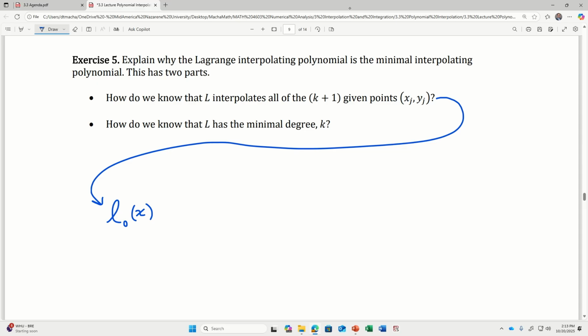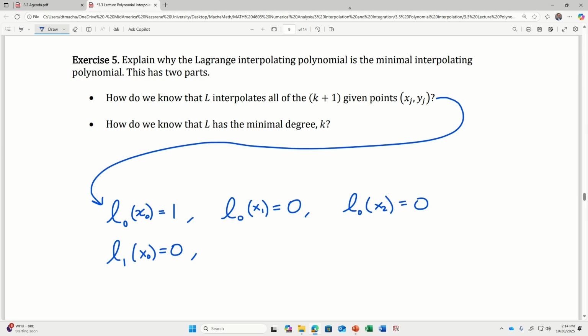If I plug in x0, this is going to be equal to 1. If I take the same Lagrange basis polynomial and I plug in x1, it's going to be equal to 0. And if I plug in x2, it's going to give me 0. If I were to take the L1 basis polynomial and plug in x0, it's going to give me 0.